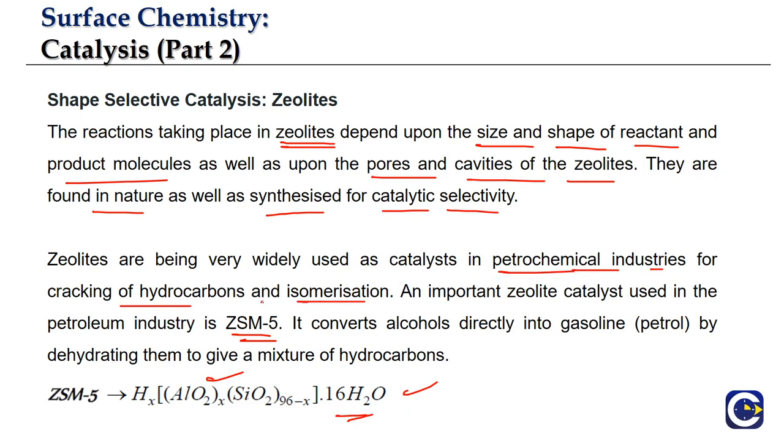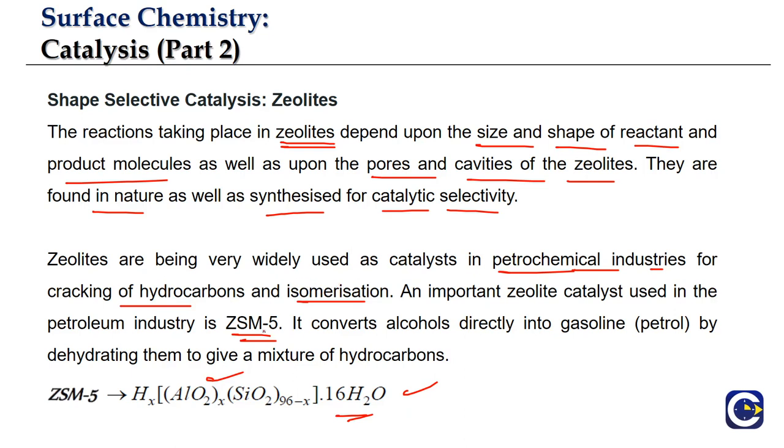Cracking of hydrocarbons is basically converting one hydrocarbon into another hydrocarbon. Usually the larger hydrocarbons will be divided into smaller hydrocarbons. And isomerization is converting one form of isomer into another form of isomer. So these are the two specific reactions where the zeolites will be used as a catalyst.